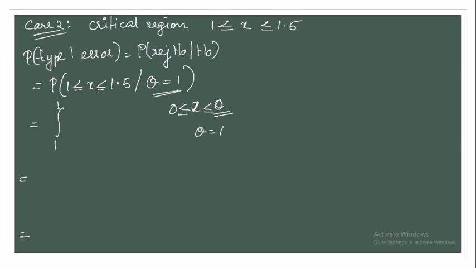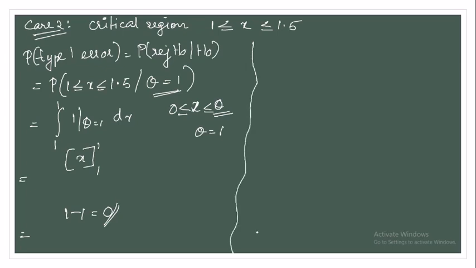So you can write here as 1. Then f of x is 1 by theta, which is equal to 1, dx. So it is x, with bounds 1 to 1, and that is equal to 1 minus 1 equal to 0. So the probability of type 1 error in this case is 0.